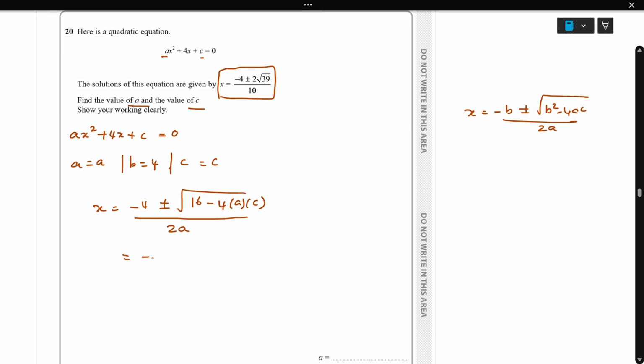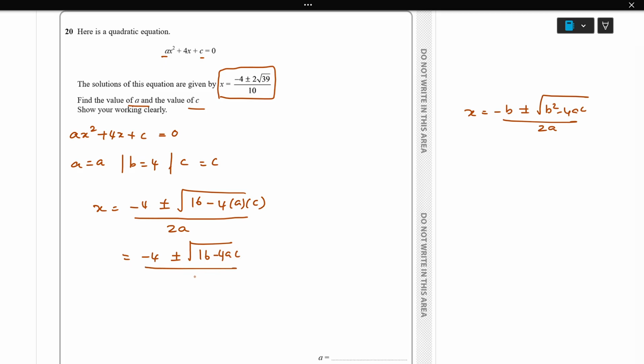So we write it this way: minus 4 plus or minus the square root of 16 minus 4ac over 2a. This is our x. But in the question the solution is given, which is x equals minus 4 plus or minus 2 root 39 over 10. So we are going to compare.